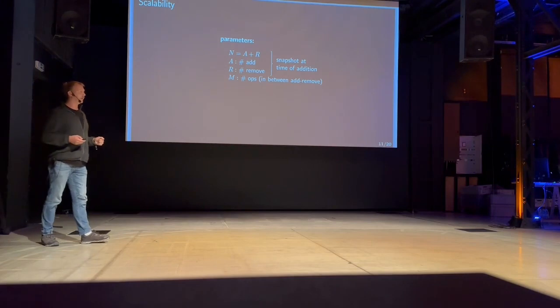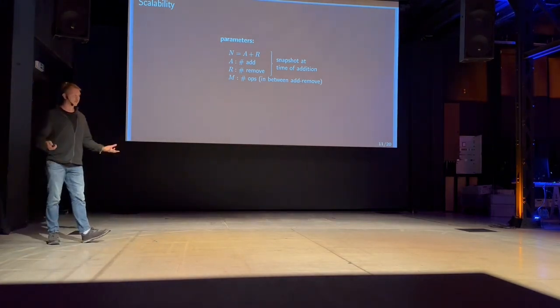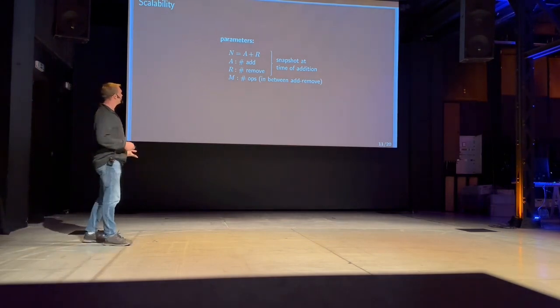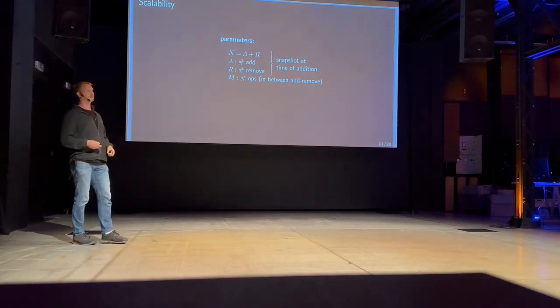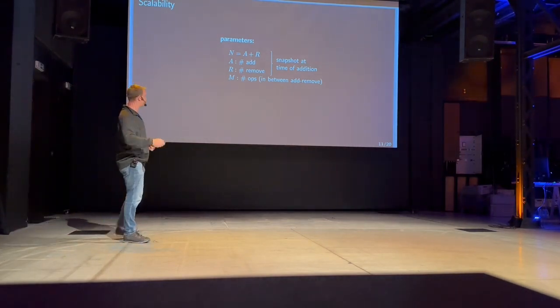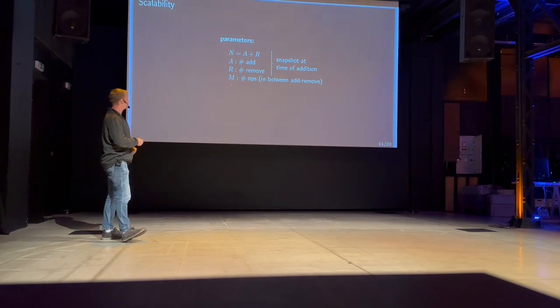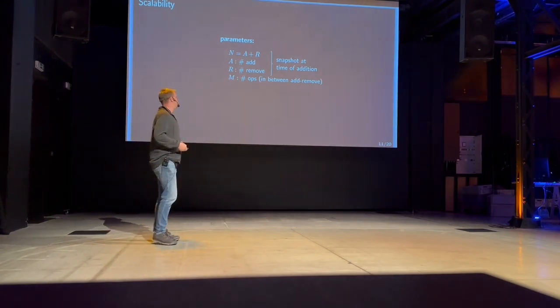So here's a note about scalability. We can characterize how well this scales in terms of parameters, number of additions, number of removals. These are snapshots at the time that an item was added, and we can also look at the number of operations in between addition and removal.